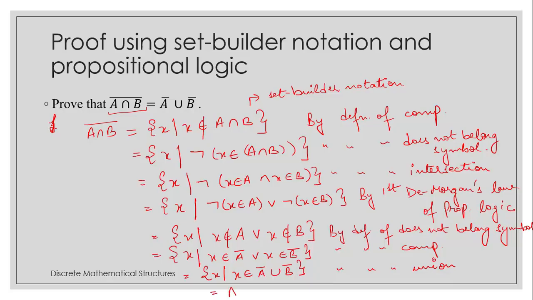Now this can be written as equal to the set A bar union B bar. We can simply write, by using set builder notation, A bar union B bar is equal to x such that x belongs to A bar union B bar. This is the proof using set builder notation and propositional logic.